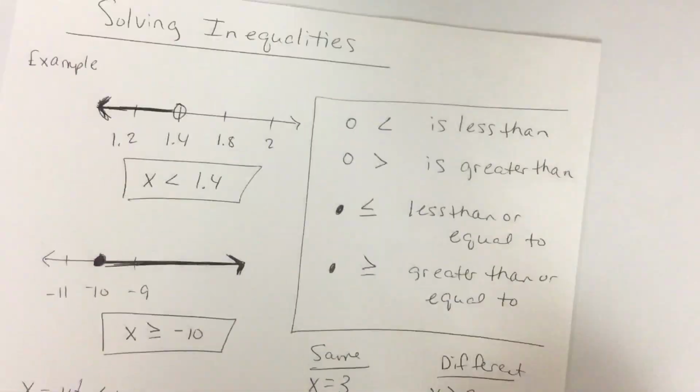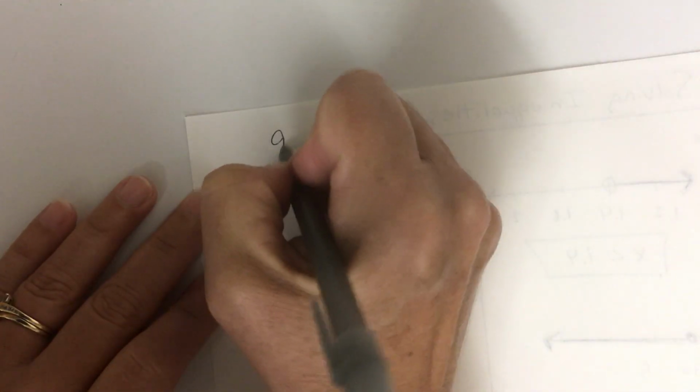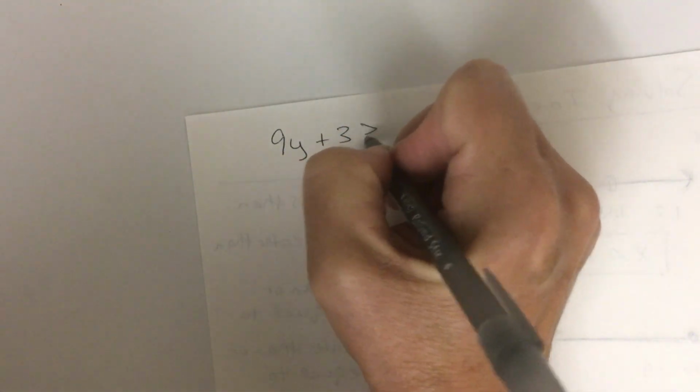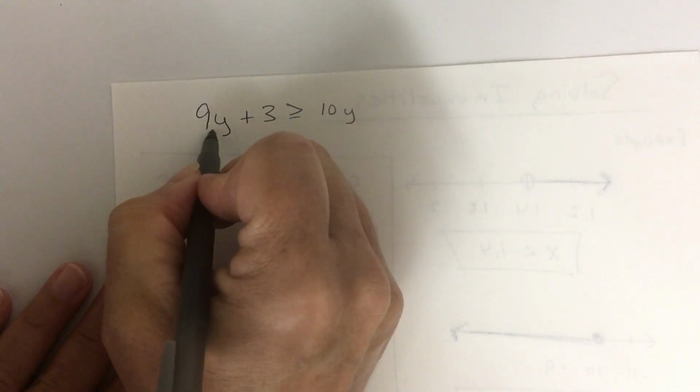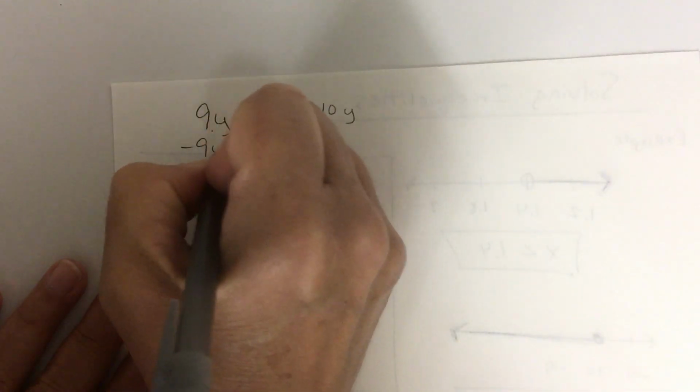Okay? Next example. 9y plus 3 is greater than or equal to 10y. Okay? We need to get the letter alone. So we've got y's there and y's there. So I'm going to subtract 9y from both sides.